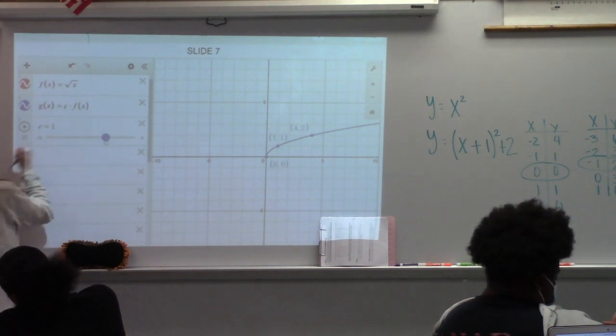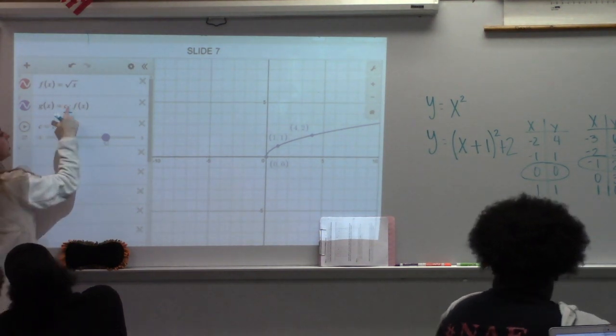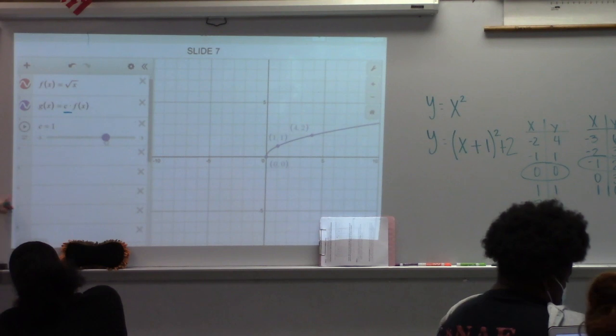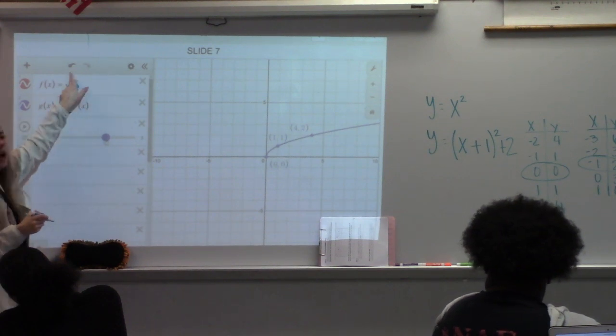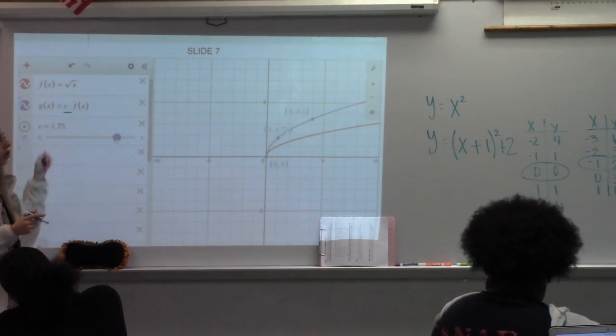The multiplication right here, the C times this f of x, is on the inside or the outside of that parent function? The outside. Right, because it's affecting which values of the parent function.